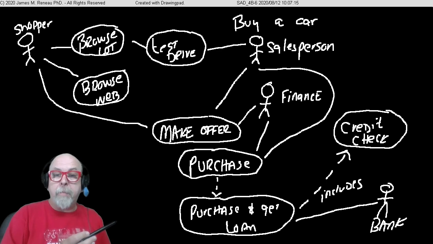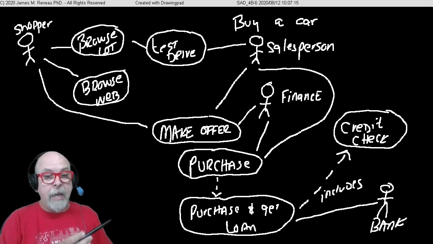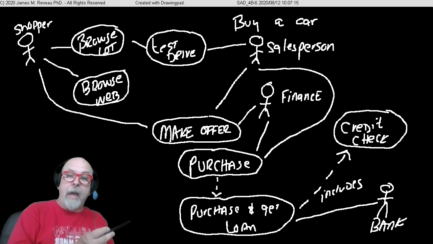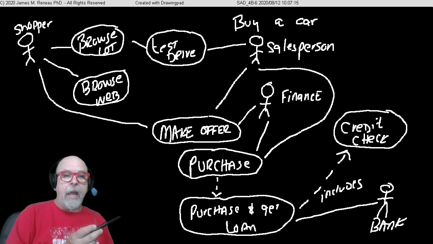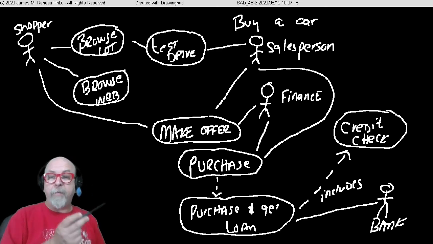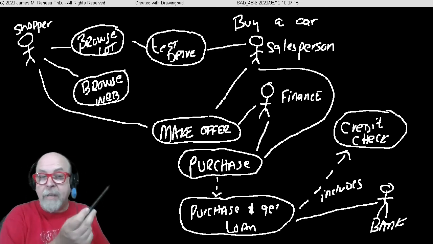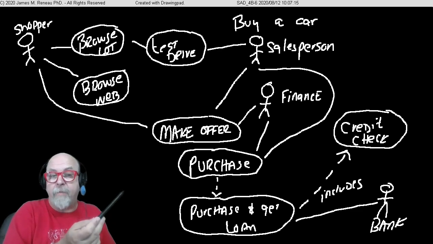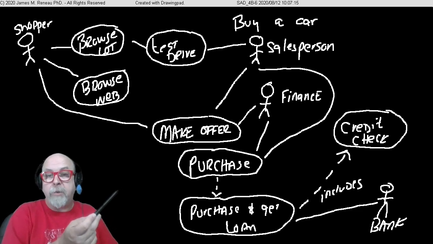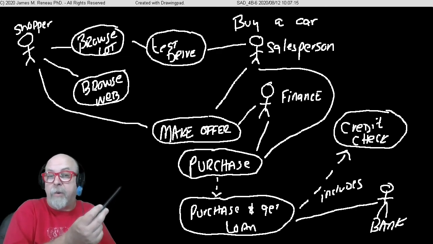And it would also apply to purchase and get a loan. But if you're purchasing and getting a loan, then we've got to have the bank actor, and we've got to include a credit check, and we've got to do a whole bunch more stuff. But if you walked in and paid cash for the car, then you don't have to bother with a credit check. The finance person will take a certified check or a pile of Benjamins real happily for a car.